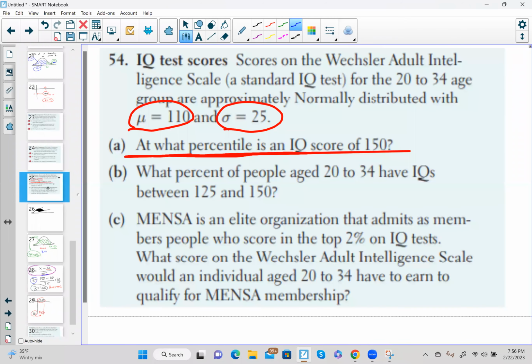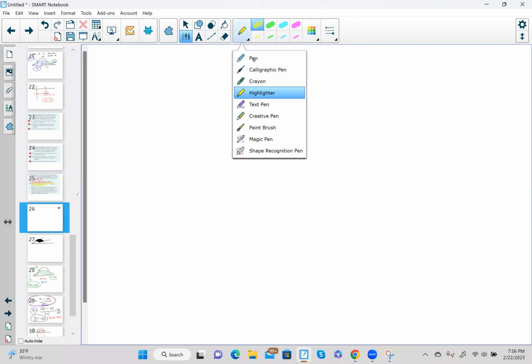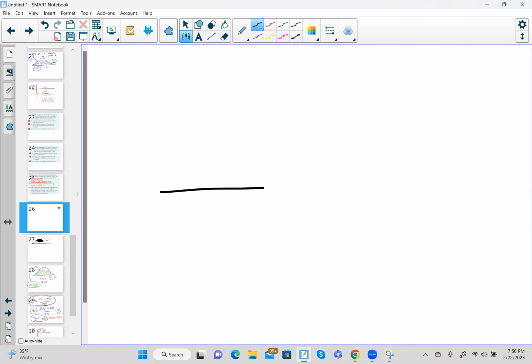Part B, what percent, so I'm looking at this part right here. Let me highlight it for you so you can see. So I'm looking right here. What percent of people aged 20 to 34 have IQs between 125 and 150? Let's draw a picture for this situation and see what we have. So an IQ is between 125 and 150.